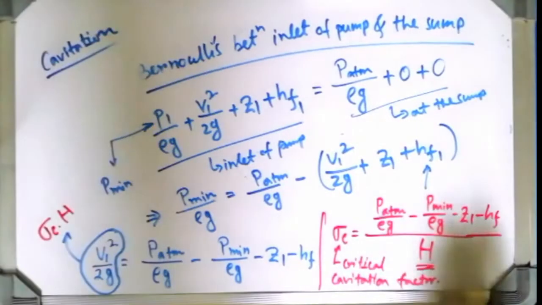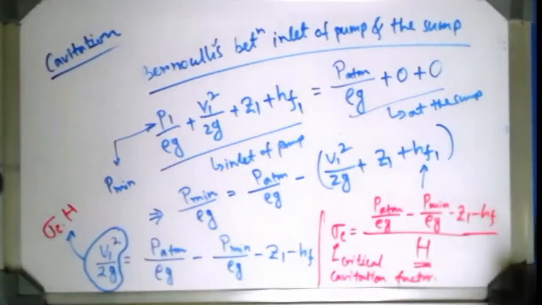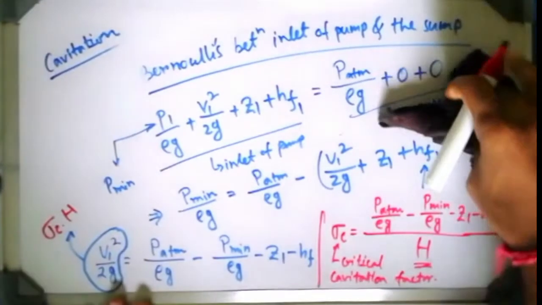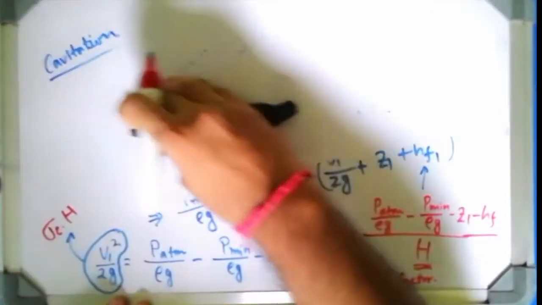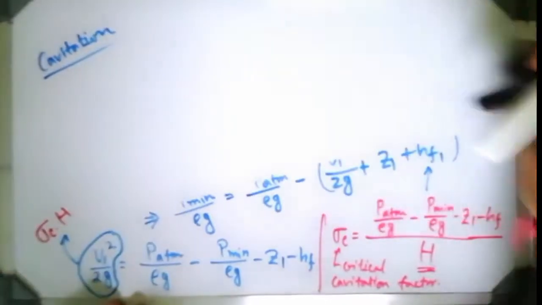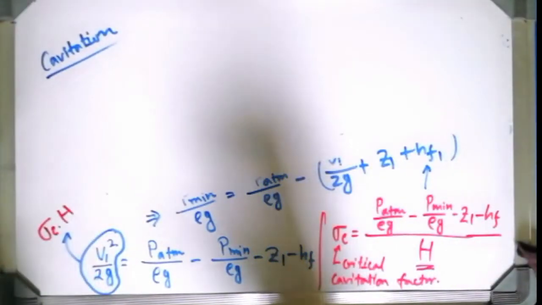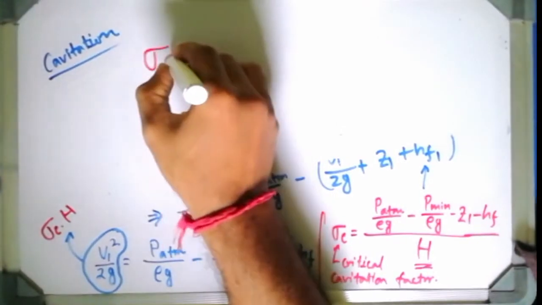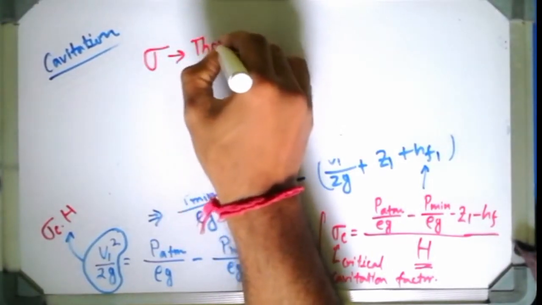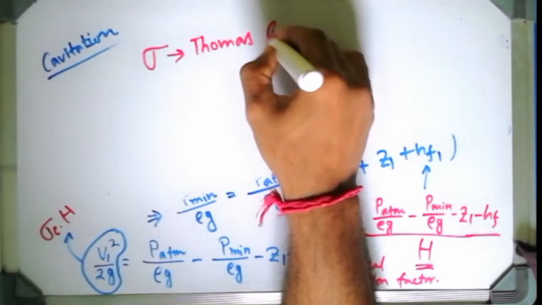From here another factor will come. Basically a scientist, Thomas, comes into the picture from here, who brought us a factor known as the Thomas cavitation factor. Thomas cavitation factor is denoted by sigma. Just see how they are related.